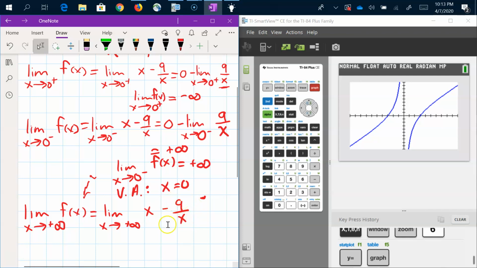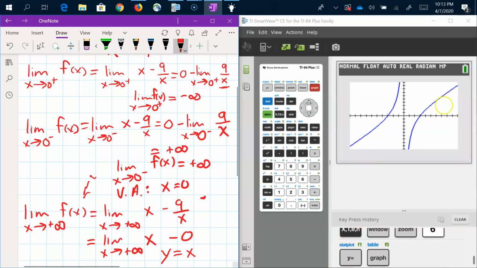This is going to go to 0 here. And so the limit as x goes to infinity will be a minus 0. So it's going to go to infinity. But the graph will look like y equals x as you tend toward positive infinity.